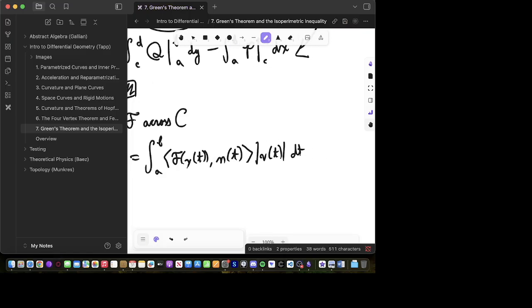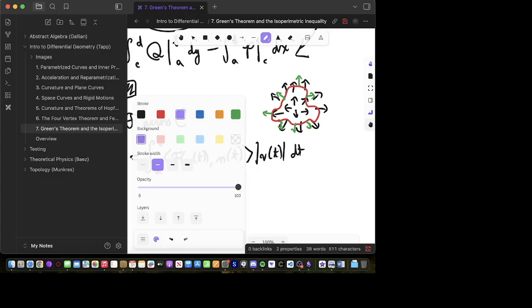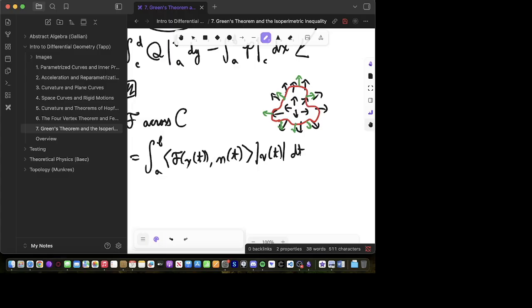So let's say we have a vector field. I'm just going to create one where it's going outward. And we've got a curve something like this. At each point, we're going to take the inner product of the vector field with the normal vector, which I'm drawing in green, and then multiplying that by the magnitude of the velocity of the curve's parametrization.